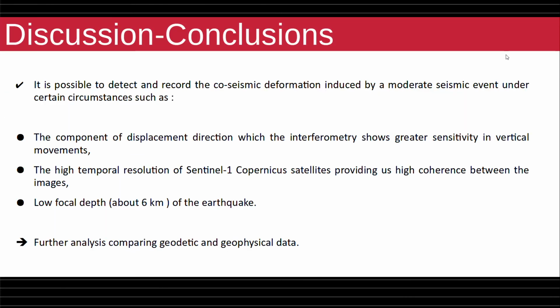So finally, according to our research, it is possible to detect and record the seismic deformation induced by a moderate seismic event under certain circumstances, such as the component of displacement direction, as interferometry shows greater sensitivity to vertical movements.